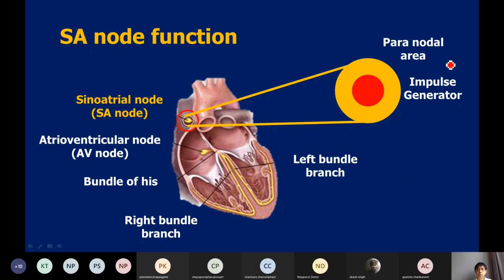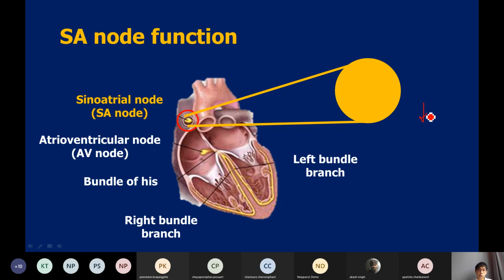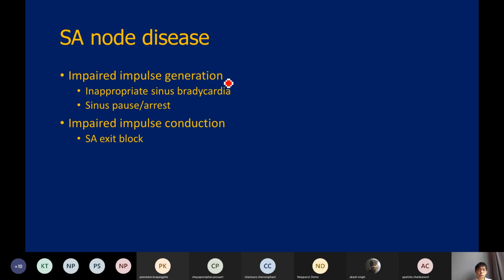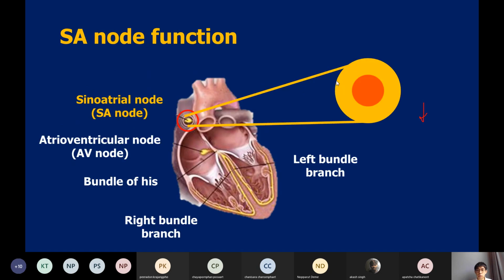The impulse generator is the cause of impaired impulse generation, which is an abnormality of the impulse generator. And the paranodal area is the cause of the impaired impulse conduction, because the signal from the impulse generator cannot exit the paranodal area. So the conduction of the SA node is abnormal.